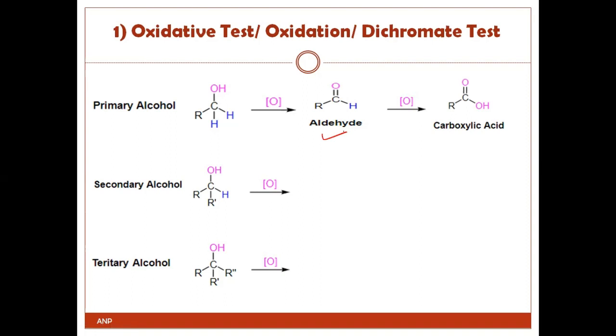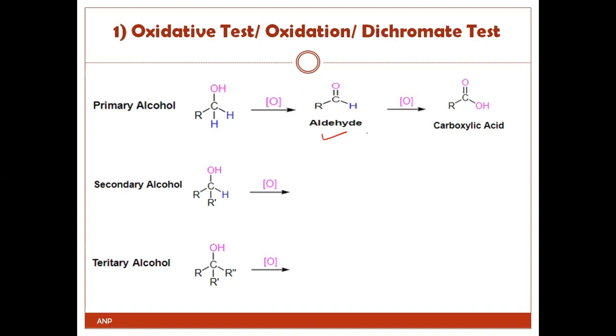Notice that the acid and alcohol contain the same number of carbon atoms, and the reaction can be stopped at the aldehyde stage by removing it from the oxidizing medium as and when it forms.